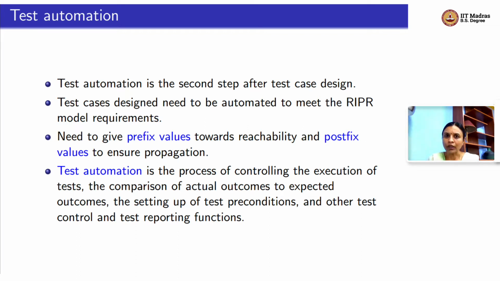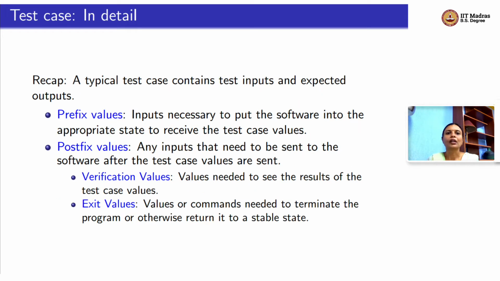As a summary definition, test automation is the process of controlling the execution of tests, comparing the actual outputs produced by the software to the expected outputs that you had written as a test case designer, setting up these prefix values, postfix values, other ways of reporting, and so on. This entire process is test automation.